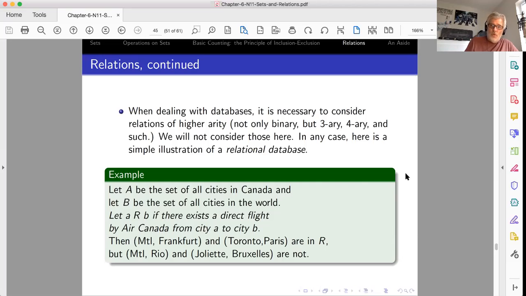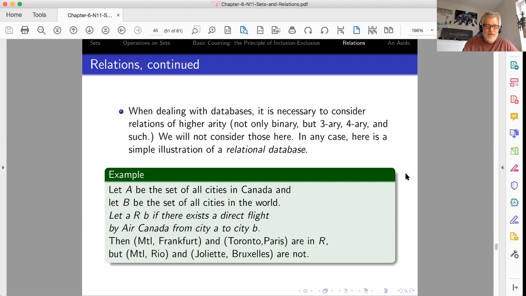Montreal, Rio, no, it's not. There's no direct flight from Air Canada from Montreal to Rio in Brazil. Joliette, Bruxelles, no, there's no direct flight from Joliette to Bruxelles by any airline actually, so it's not in there. So that's a very simple, concrete example of what a relation is or how it might be used.